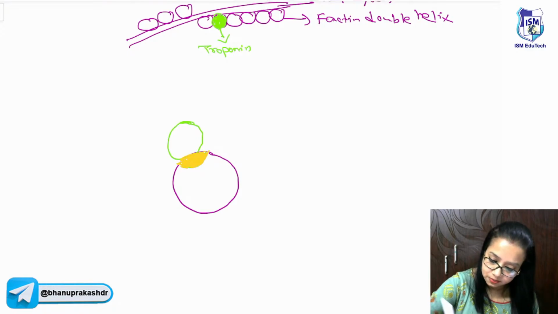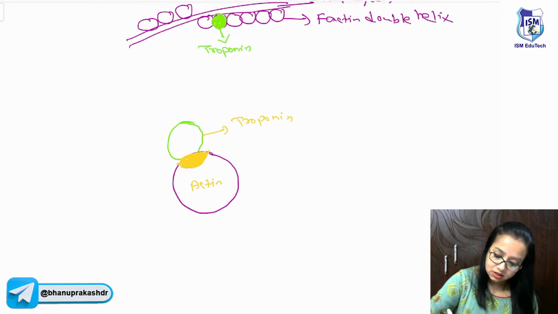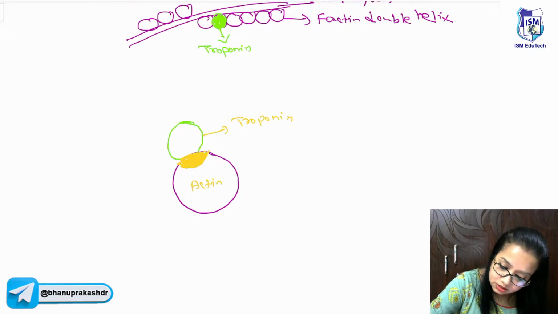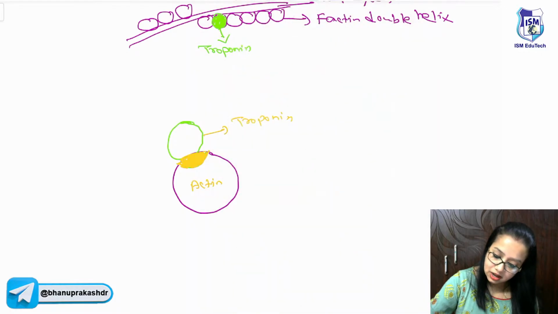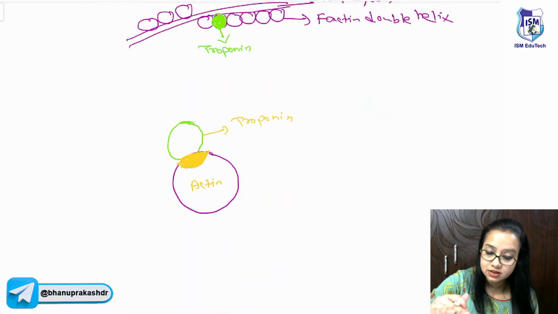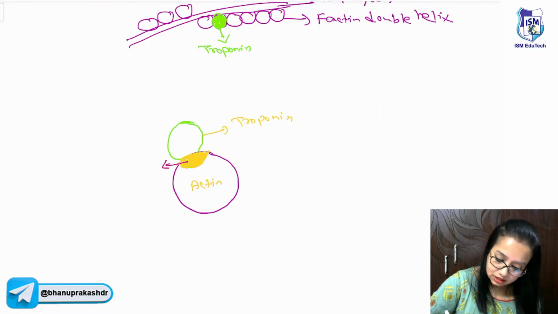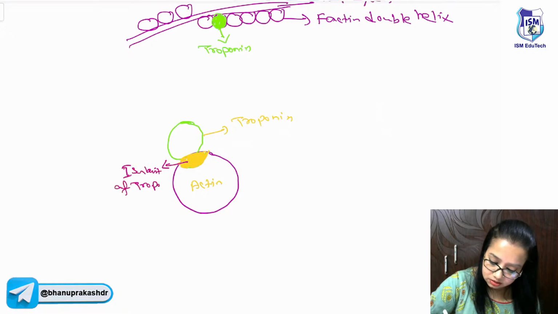So, this is the actin and this is the troponin. Here, the subunit with which the binding site on actin is covered is the I subunit of troponin, right?